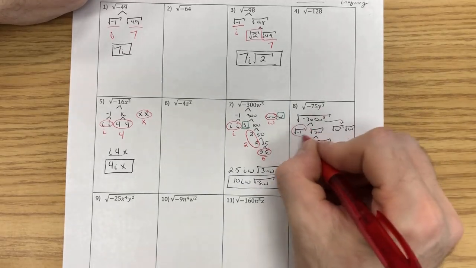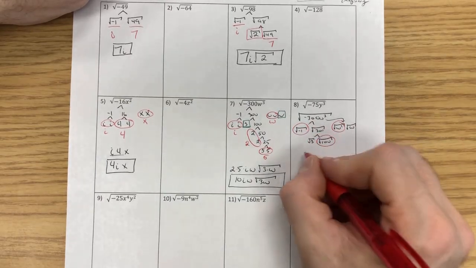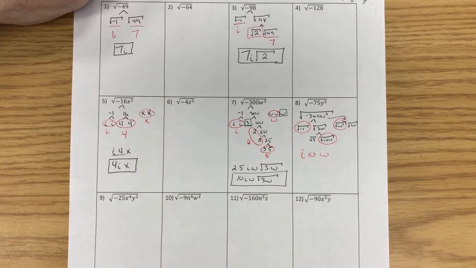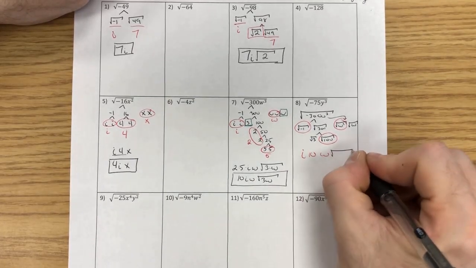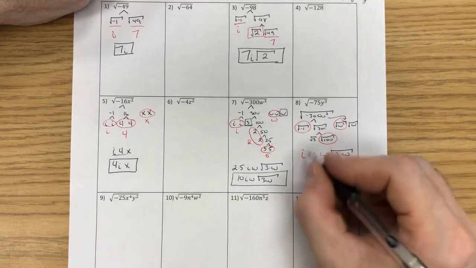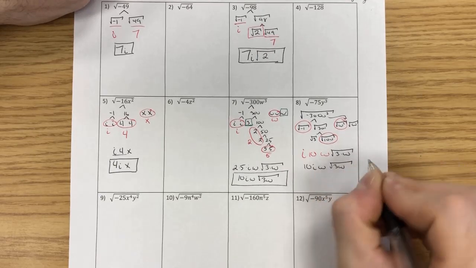I know that I can break down 3 of these roots. That's going to give me an I, that's going to give me a 10, that's going to give me a w. I have to leave behind the 3 and the w. In this case, I have a 10iw square root 3w.